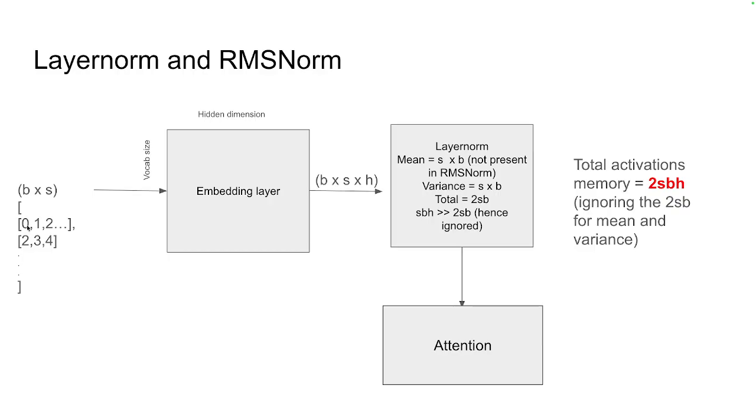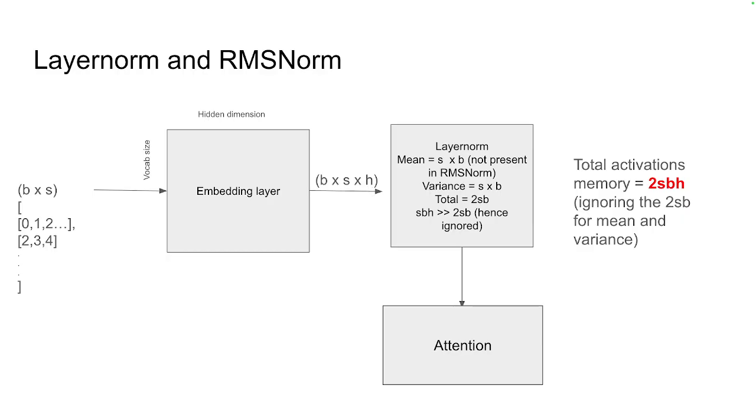This token ID will correspond to the first row in this matrix, and this one would correspond to the second row in this matrix. And you would basically do a torch.allGather on this embedding layer to convert the token IDs to hidden dimension, which is of batch size, comma sequence length, comma hidden dimension.